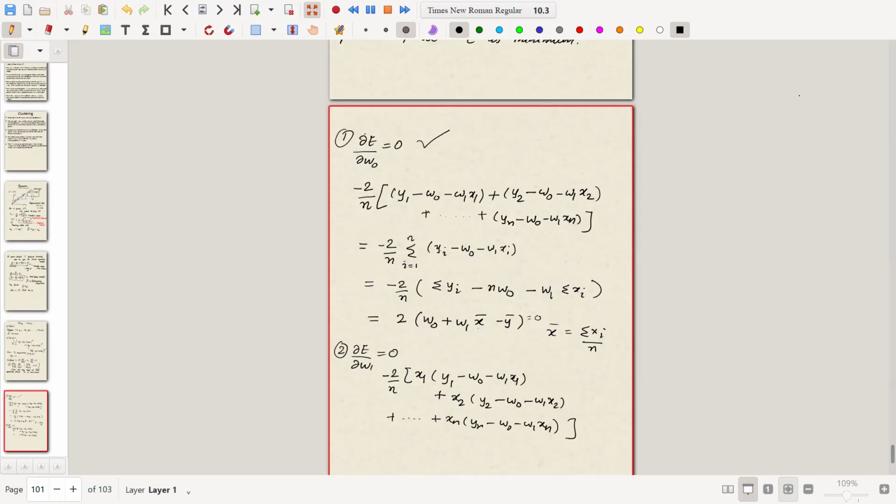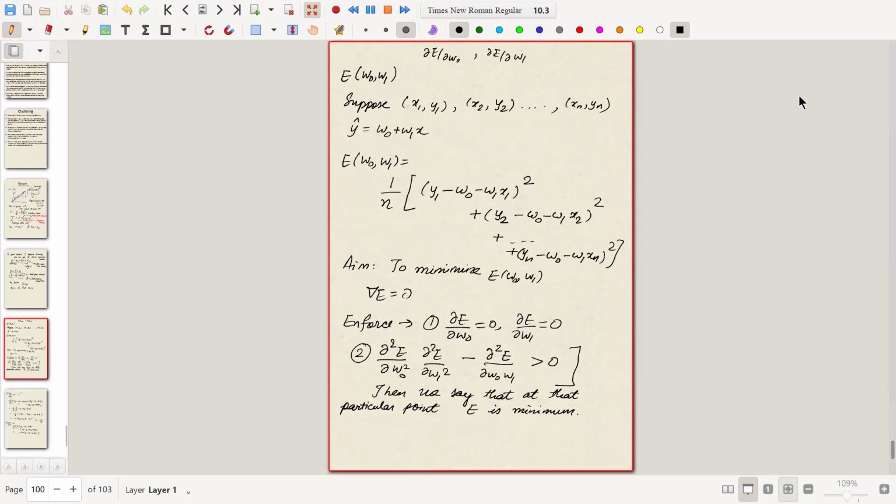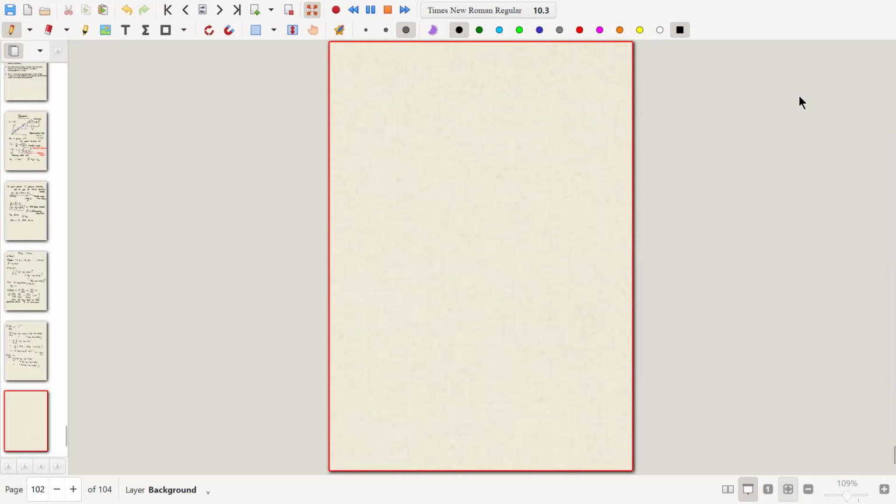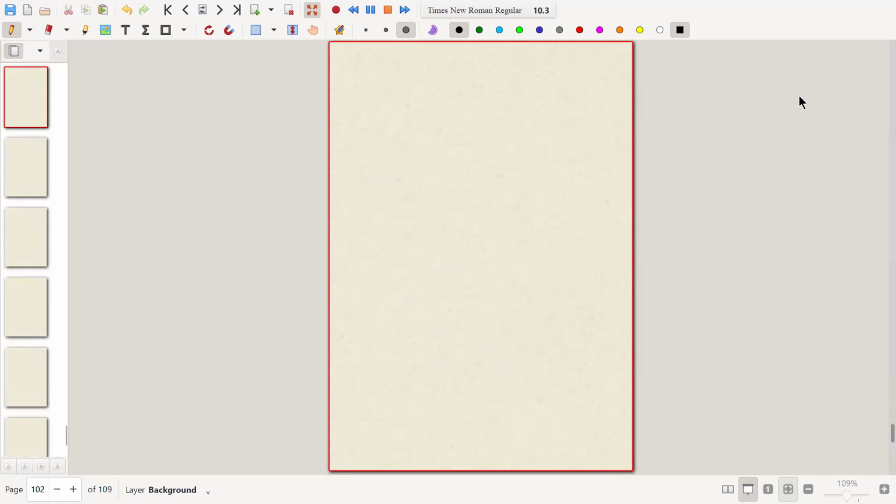Is it clear with you? Now we have to go to the next page. So can I write in a compact form?